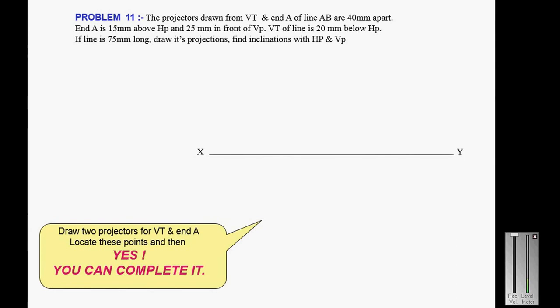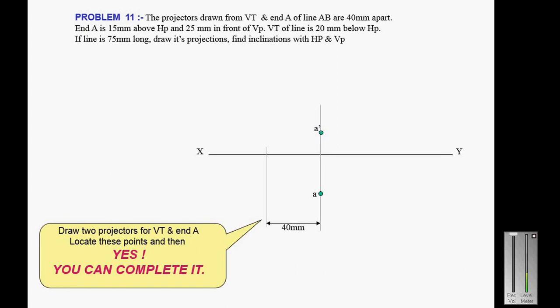Draw the reference line, the XY line, and first of all draw the distance between the projectors of the vertical trace and A. The line A dash and A is the projector of point A, and the second line is the projector of the vertical trace. The distance between the two will be 40 mm.